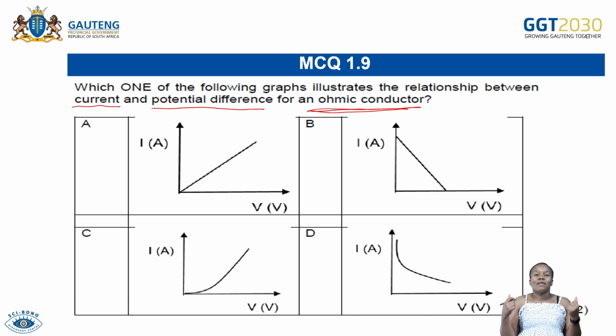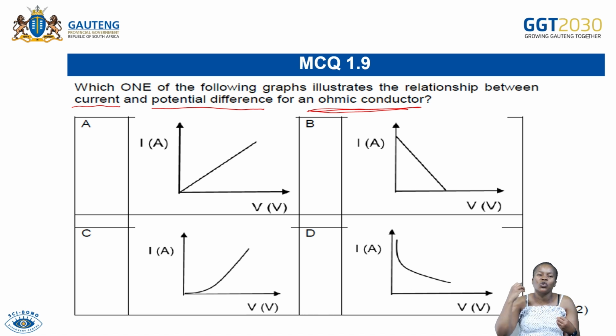We know that it has to give us a linear relationship, meaning direct proportionality, because according to Ohm's law, the current in a conductor is directly proportional to the potential difference across it at constant temperature.